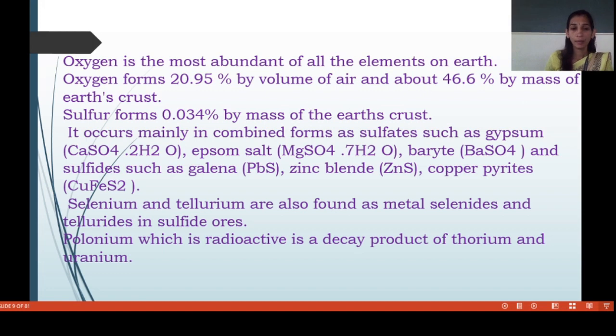Selenium and tellurium are also found in metal form, that means metal selenides and metal tellurides. Polonium, which is radioactive, is a decay product of thorium and uranium.